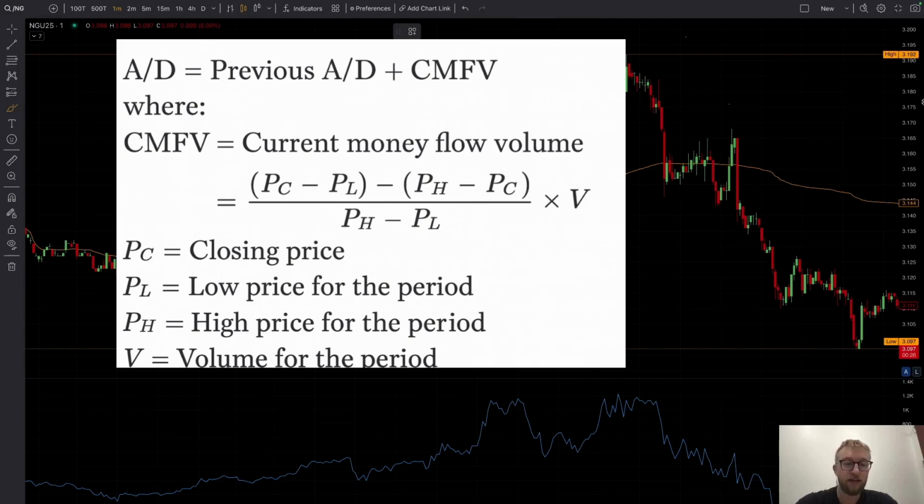If the close of the candle is near the low and volume is strong, that means there's selling distribution. So the cumulative AD line, which is down here, adds each bar's money flow to the prior total. So the line builds up or down based on how much pressure is behind each move.